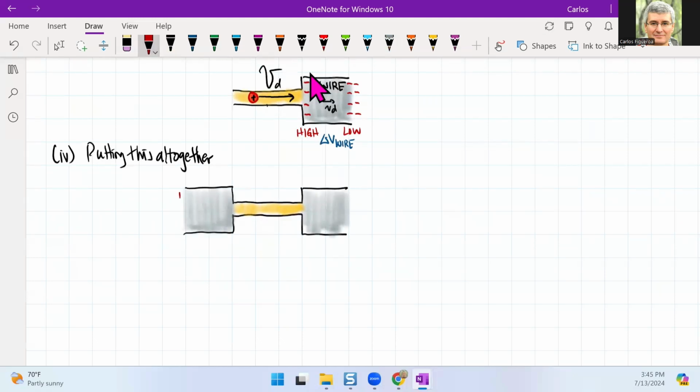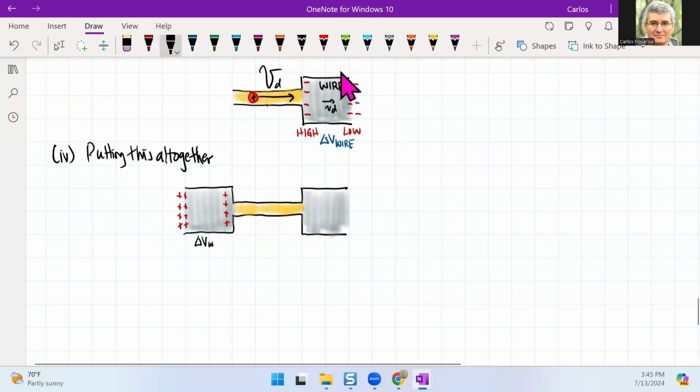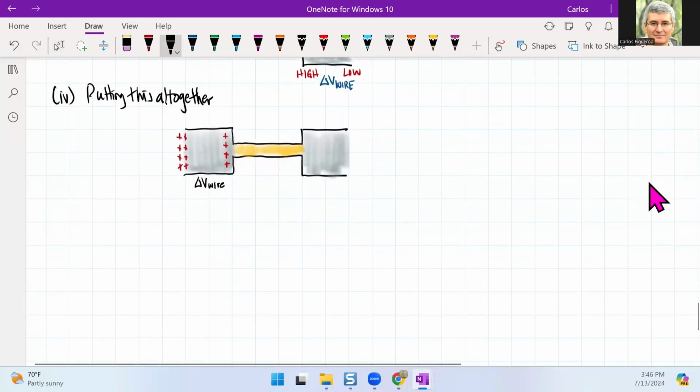I'm seeing that this is 8 charges here. This is 4 charges here. So this here has to be the voltage of the wire. So when I look at this thing, that's the charge difference. So when I look at my charge here, what am I seeing?